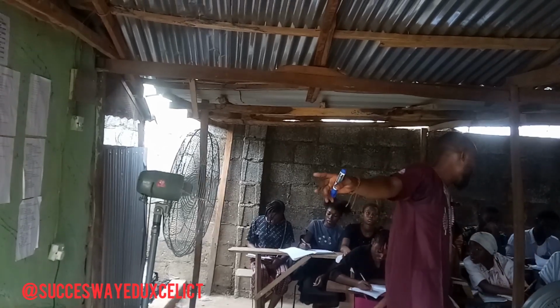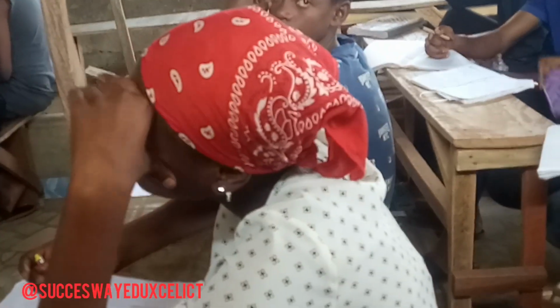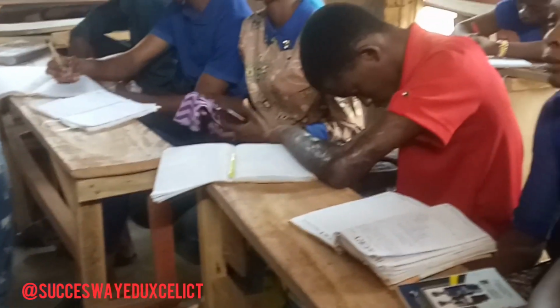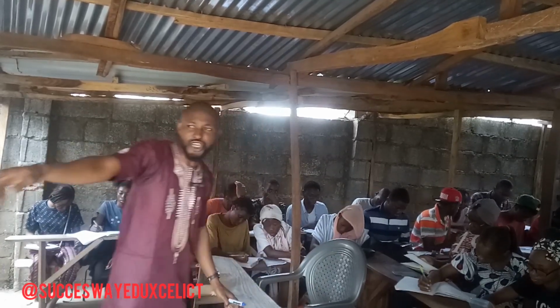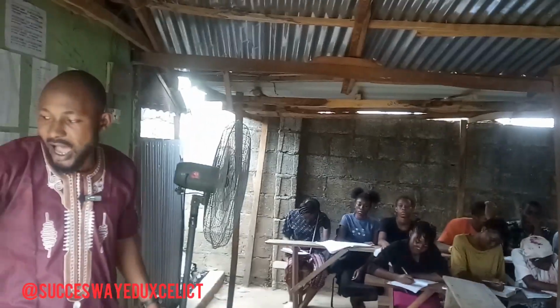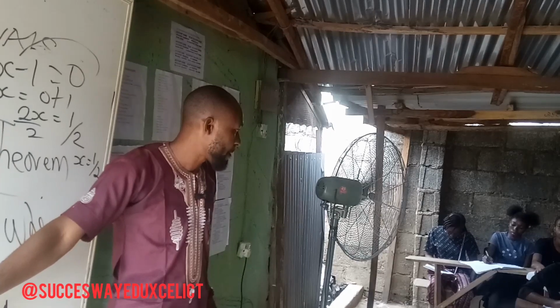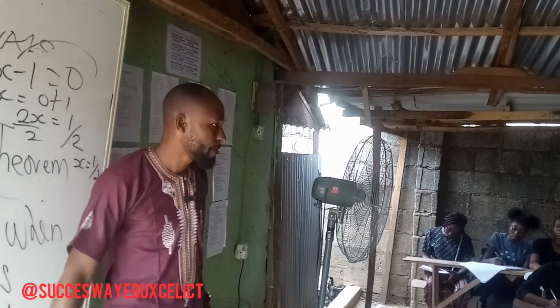And we have gotten our x to be 1 over 2, which is also 0.5. So if you are the type that doesn't want to work with fractions, use it as decimal. 0.5 is also 1 over 2. Substitute into this polynomial here and tell me the value you would have. That automatically is your remainder.